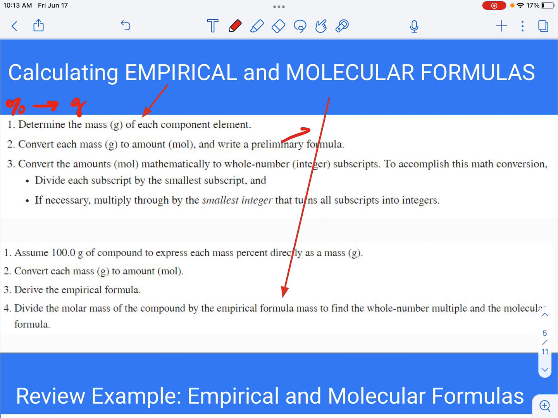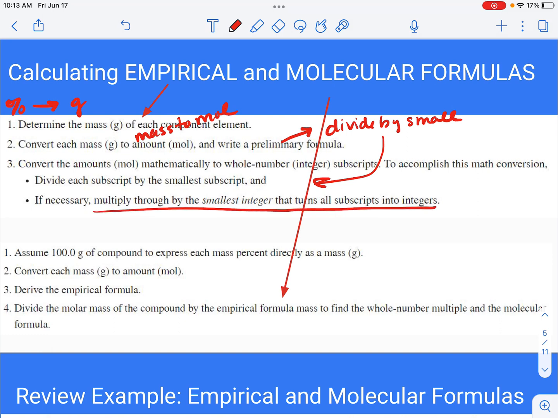And then by writing a preliminary formula, this is the divide by small step. So remember, we have percent to mass and then mass to moles. And then divide by small to do this, right, here. And if necessary, then you're going to multiply to turn them all into integers.